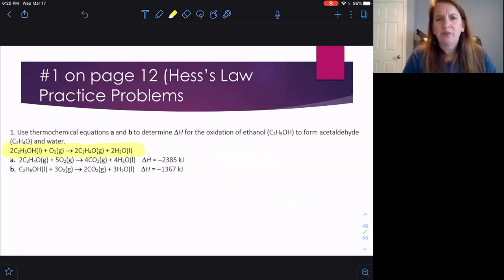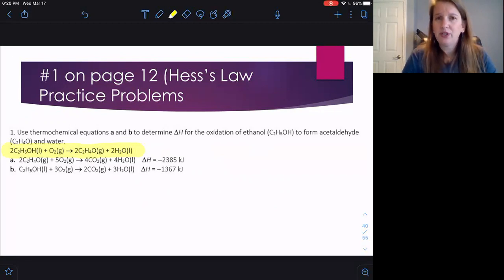So my first question, are we going to have to flip any of these steps? Are we going to have to flip step A, or are we going to have to flip step B? Look over the ones in your packet. It might be easier to look at than the one up here on the screen. And see if you have to flip anything. Don't forget to change the sign if you flip something. Then I want you to look at, are you going to have to multiply any of these steps in order to get your overall reaction, step A or step B?